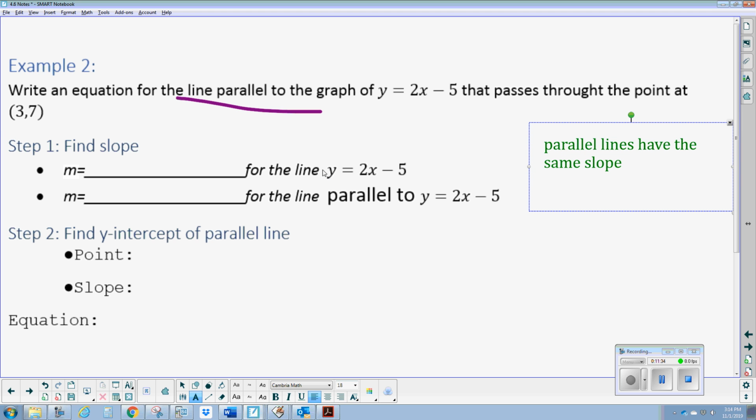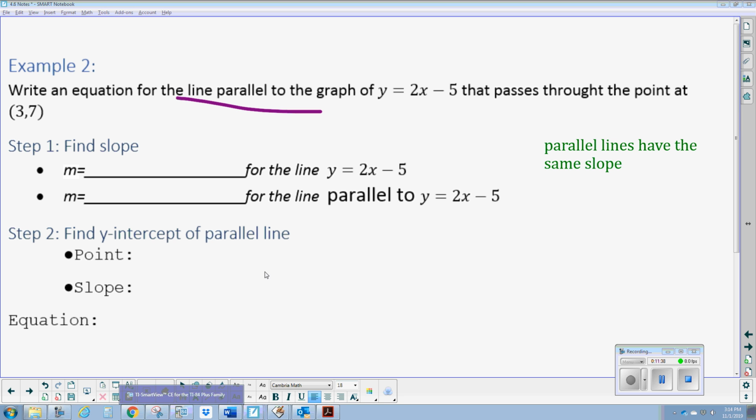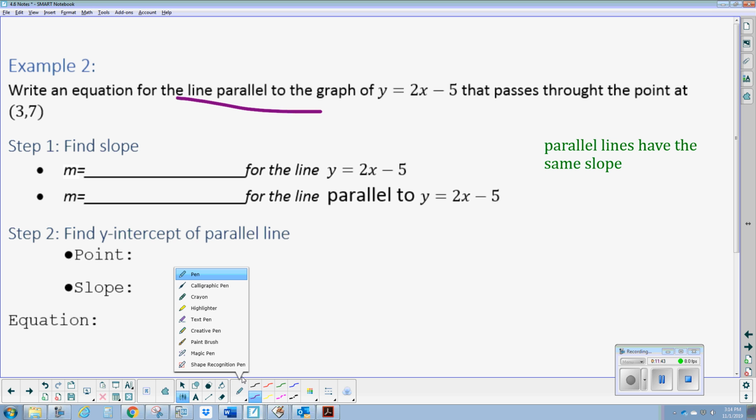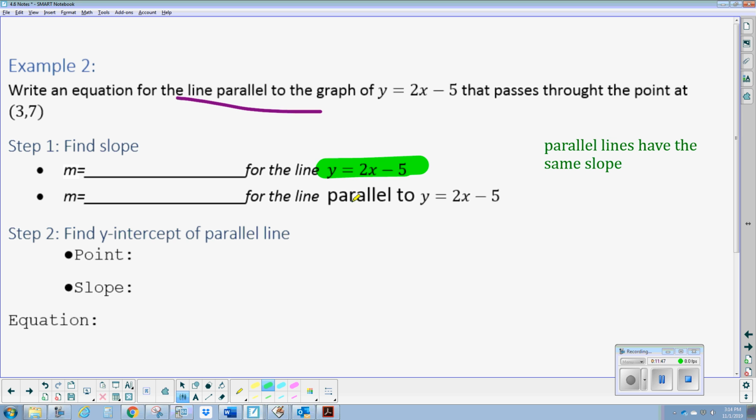So in this linear equation, y equals 2x minus 5, the slope of this particular line is 2. So for a line that's parallel to this line, something that's parallel to a line that has a slope of 2 will also have a slope of 2.